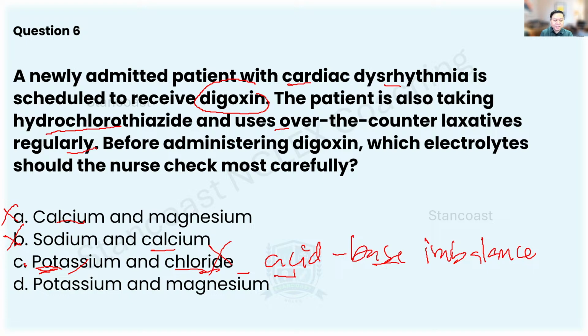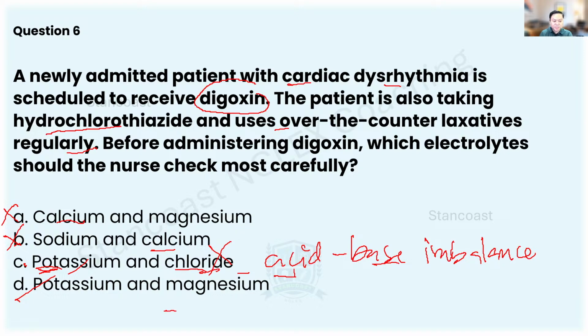If you had answered letter D, that is the correct answer, because we know that with the potassium, both the hypokalemia and also hypomagnesemia can enhance the digoxin's effects. It will place the patient at risk for digitalis toxicity.